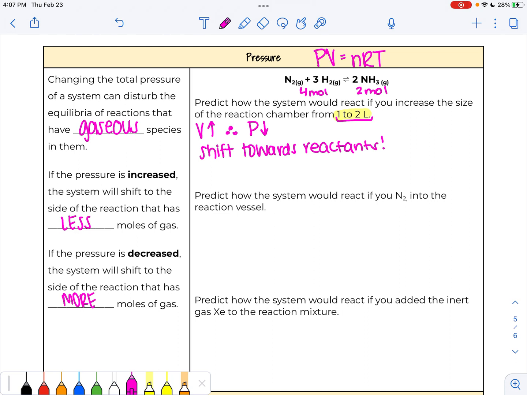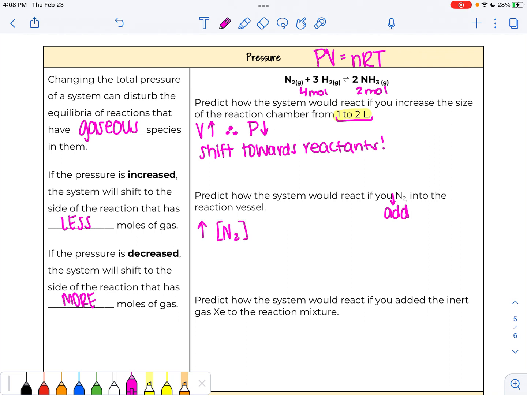All right. Next up, predict how the system would react if you, let's say, add N2 into the reaction vessel. That makes sense. So if we add N2 into the reaction vessel, what are we effectively doing?